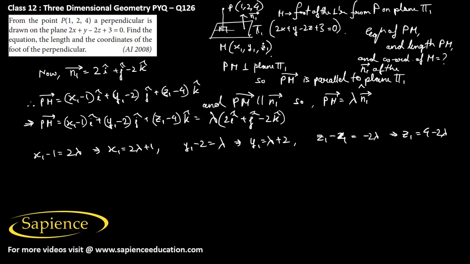Therefore the coordinates of this point M are 2 lambda plus 1, lambda plus 2, 4 minus 2 lambda.